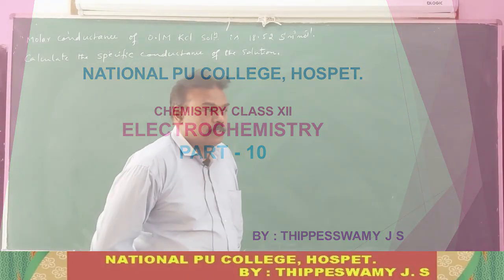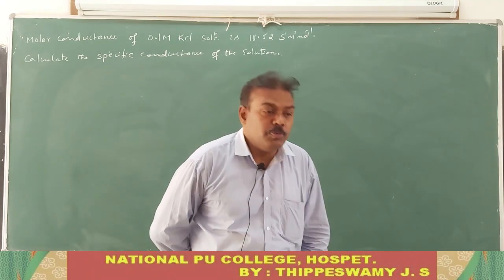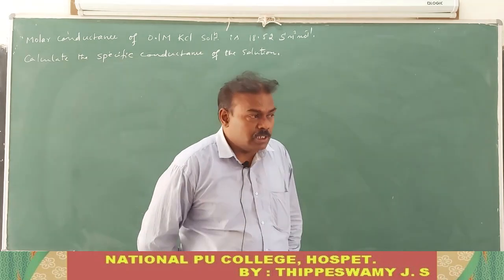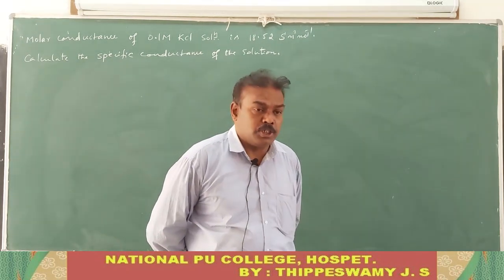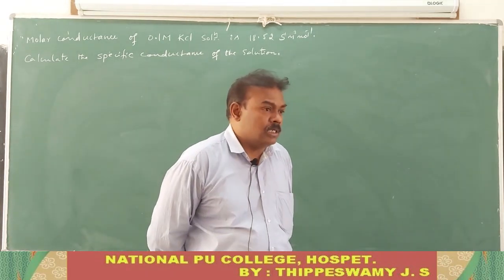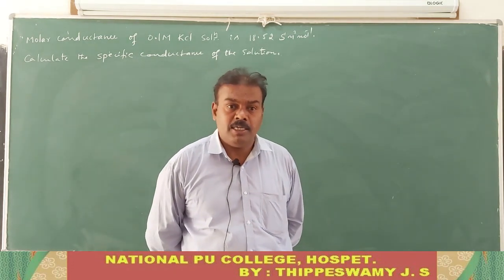Okay students, in the previous class we discussed some numericals based on the Nernst equation. Using the Nernst equation, how to calculate the electrode potential, or the standard electrode potential, even the EMF of the cell, or standard electrode potential of the cell.